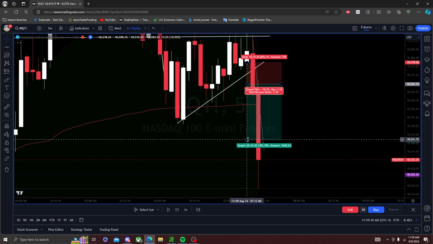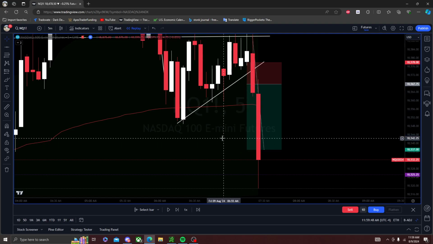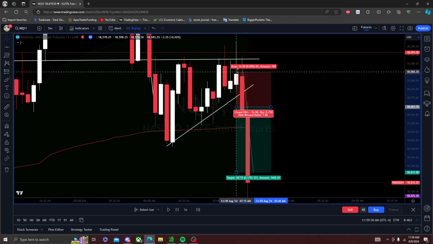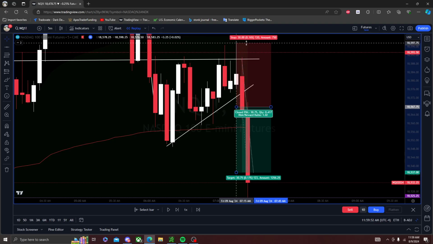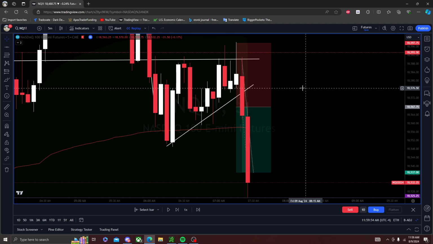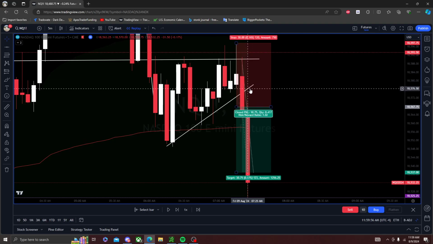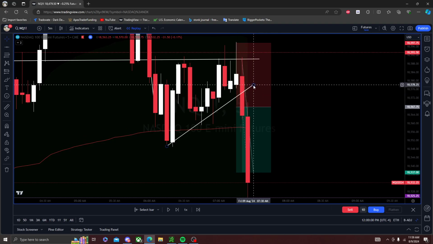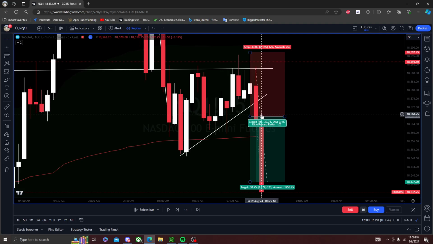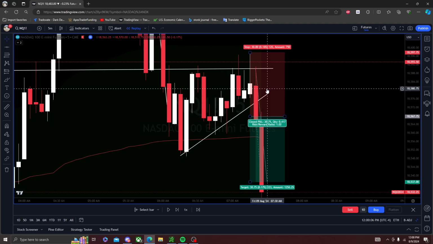Your initial target still would hit, but your actual R to R increases, in my opinion. Now, why would I say it increases? Well, the reason the R to R increases or decreases, sorry, is because if this setup was to technically reverse here, would the setup still be valid?